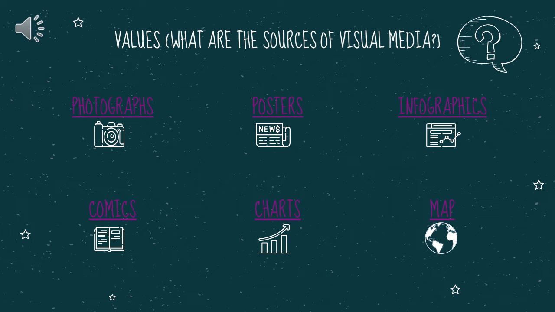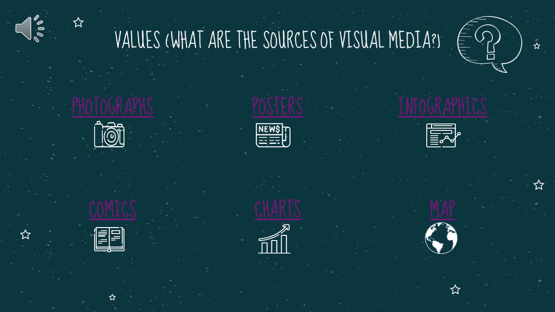So let's continue with what kinds of visual media we have to know. The first is photographs, and the second is poster. The third one is infographic, and the fourth is comics.